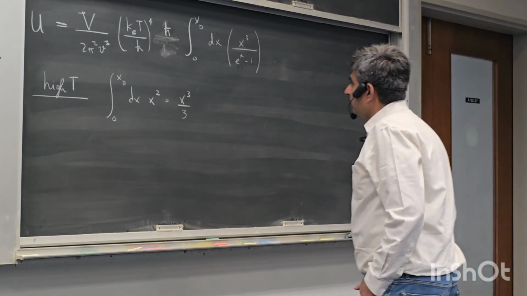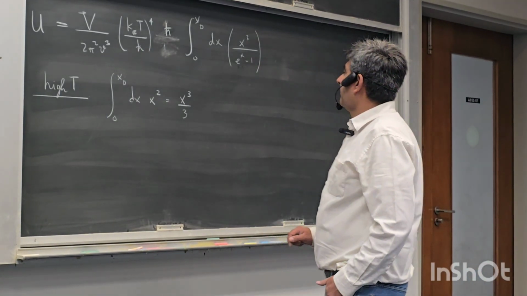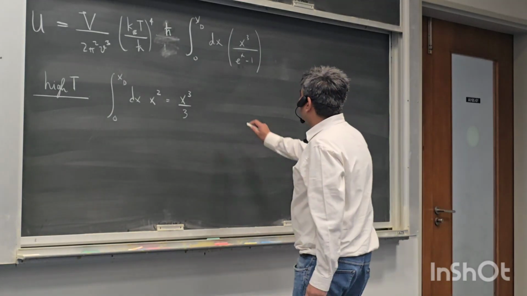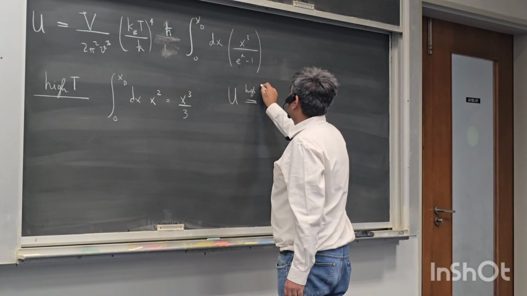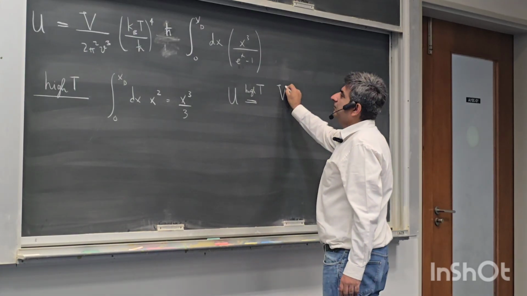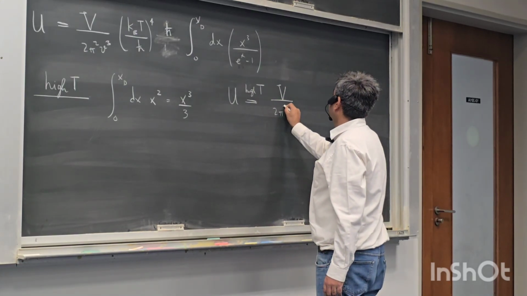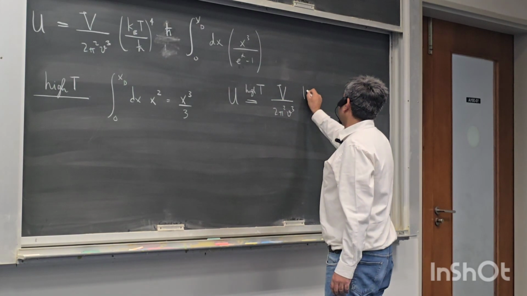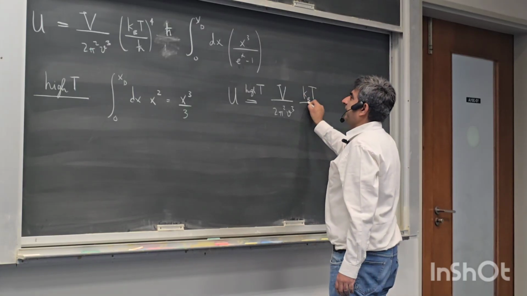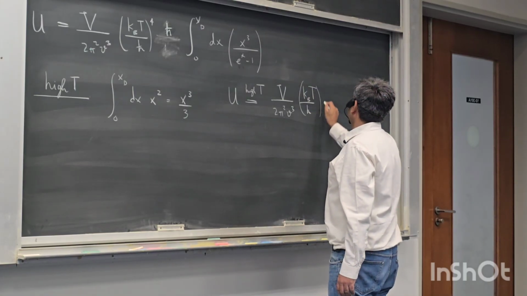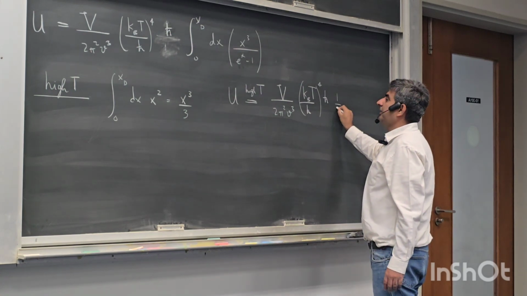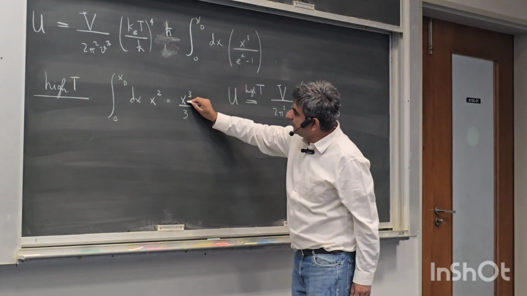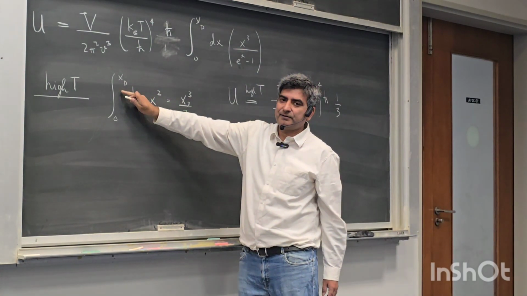Okay, so all right, x cube over 3. So the energy at the high temperature regime is V over 2 pi square v cube kB T over h bar to the power 4 times h bar times x cube over 3. So 1 over 3. This is xd cube, right? Because of this upper limit.